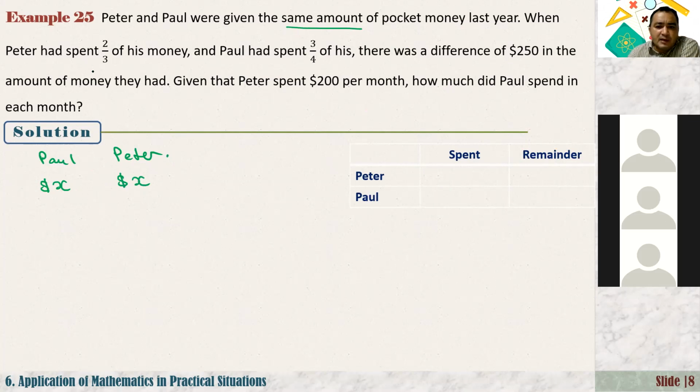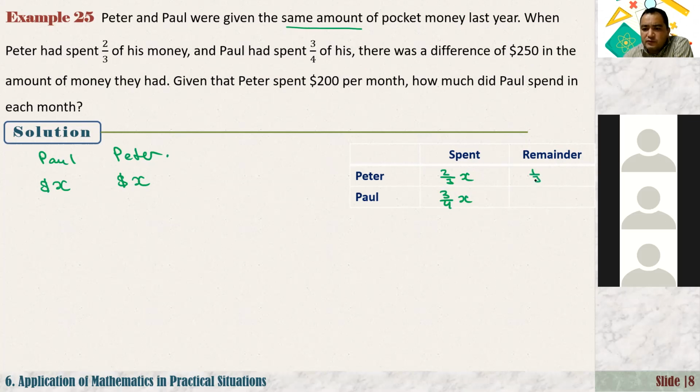When Peter has spent 2/3 of his money, and Paul has spent 3/4 of his money, there was a difference of $250 in the amount of money they had, right? The remainder is, how much is left?